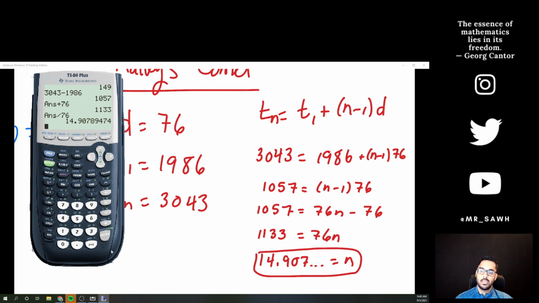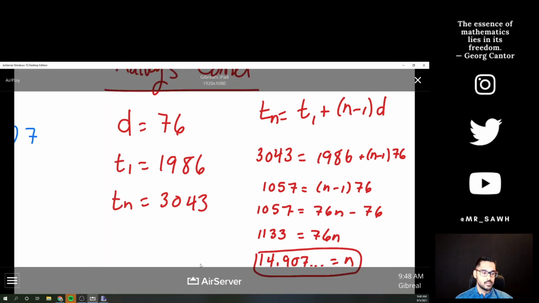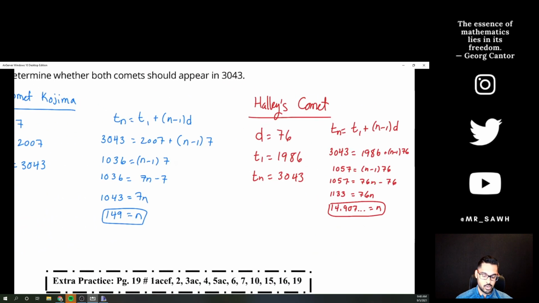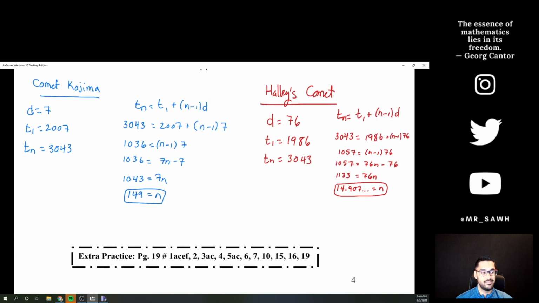Which is an issue. If the comet is supposed to appear in that year, my term number shouldn't be a negative or a decimal. I'm not going to be able to add 76 to it 14.9 times. I either add it 14 times or I add it 15. There's no in between.